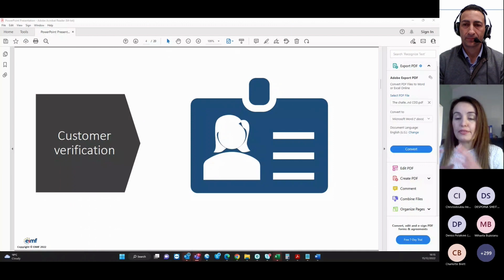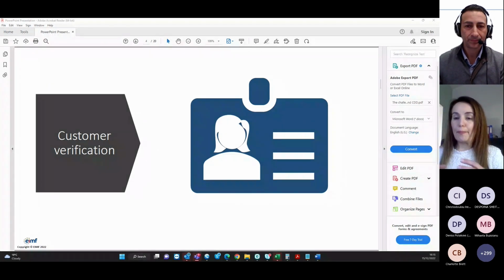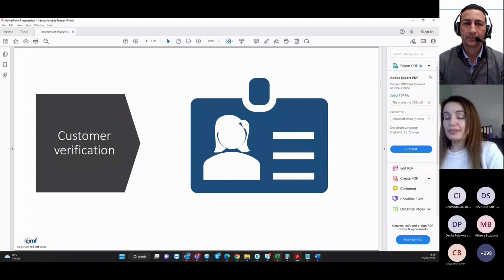Now, in the case of non-face-to-face customers, the risk is greater because it's easier for a customer to forge a document, to create a fraudulent identity. Maybe he can buy stolen information from the dark web and use that information to impersonate someone else.